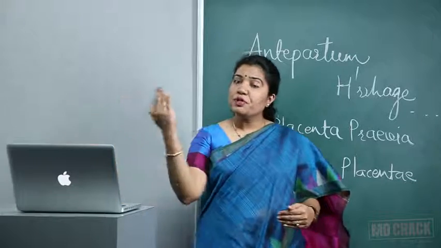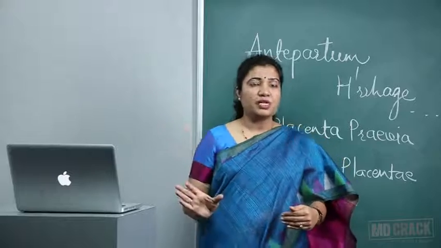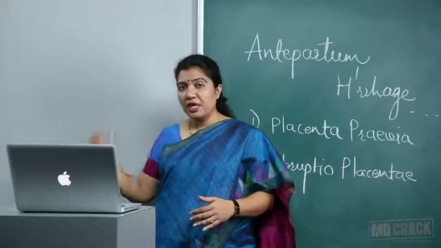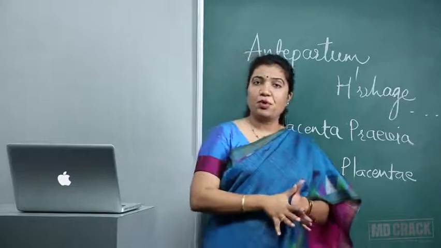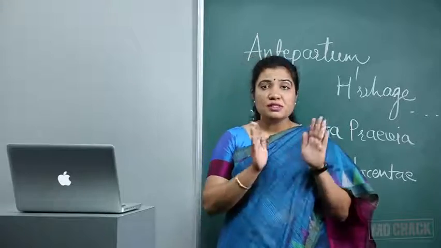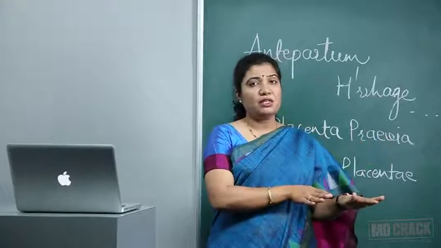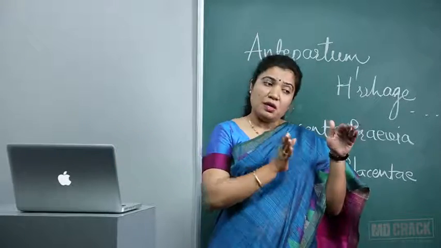In abruption, you will usually find the BP is either high because of the presence of PIH or sometimes there can be shock. When you examine the patient per abdominally, you will see that in placenta previa, the uterus is proportionate to the gestational age. In abruption, it may not be, in the concealed variety.